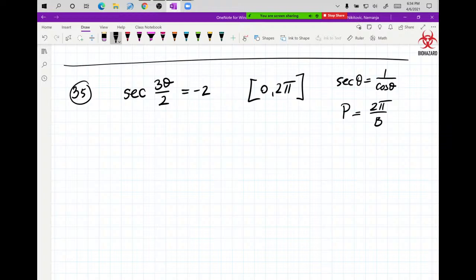As you can see, our B is 3/2. So we have period to be 2 pi over 3/2, which is 4 pi over 3. So that's the period, 4 pi over 3.